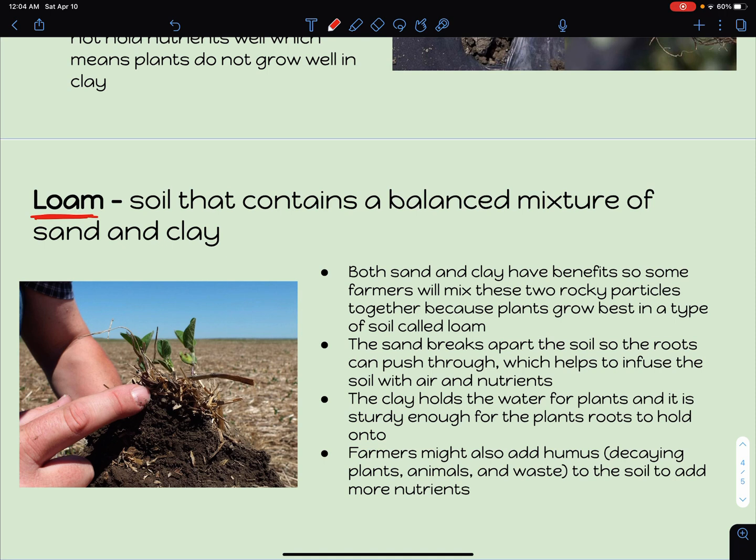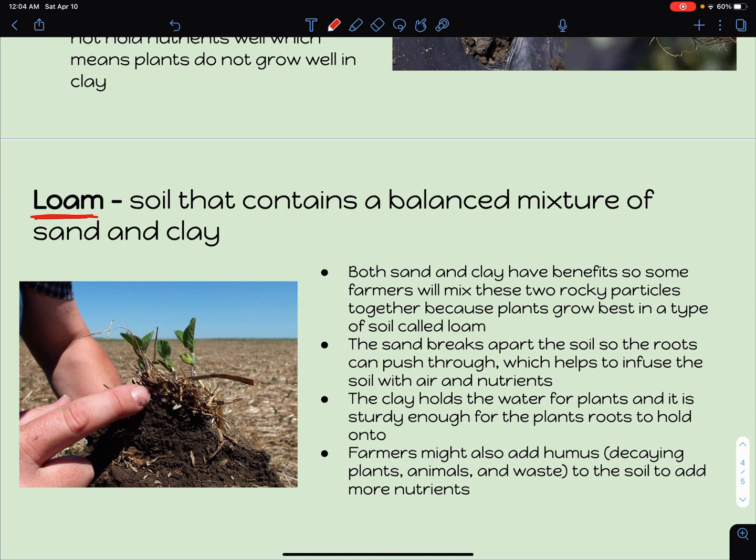And because the clay is going to hold a lot of water, it holds water for plants, and it is sturdy enough to help the plant's roots hold on to. We learned that clay is really hard and has a lot of water, so it's going to be really firm and really good for roots to get a good grip on, so the plants just don't topple over.